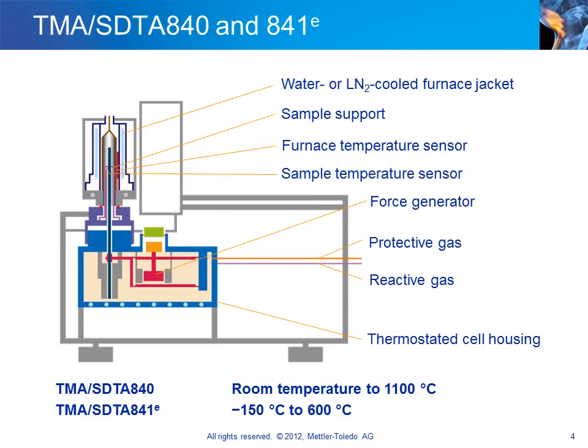One sensor measures the furnace temperature and controls the temperature program. The other sensor is situated in the sample support directly below the sample and measures its temperature, from which the SDTA signal is derived. The SDTA sensor measures the calorimetric effects of the sample.